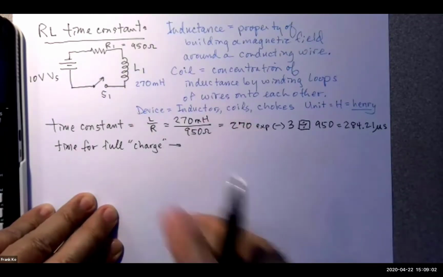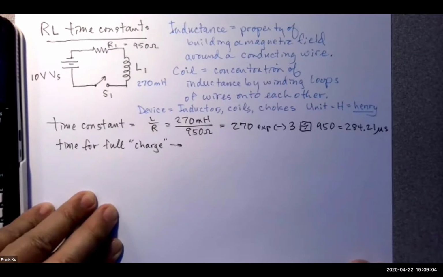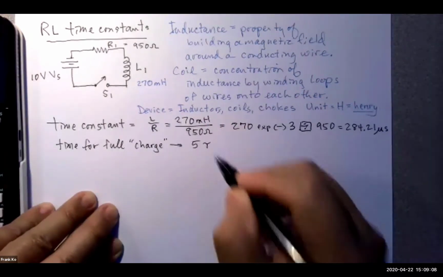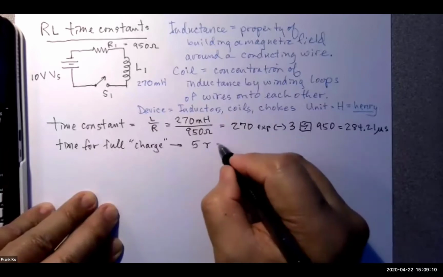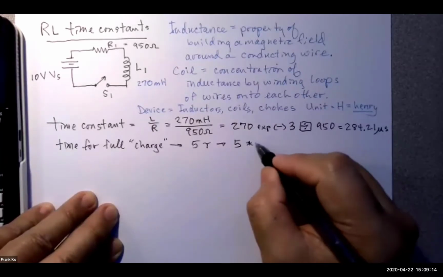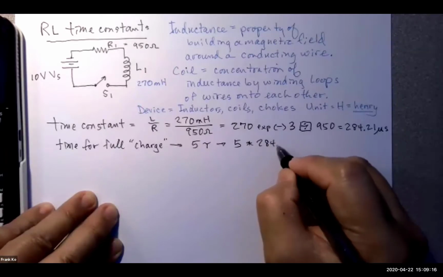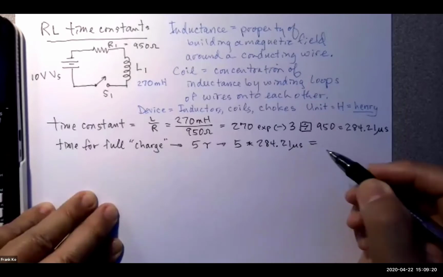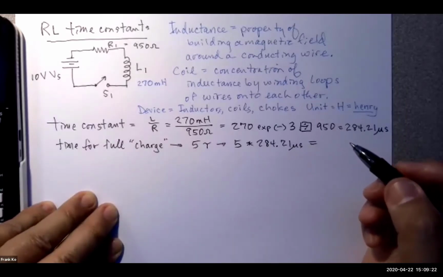It will be how many time constants? It works just like the capacitor before, it will be 5 tau. So mathematically, we will do 5 times the 284.21 microseconds.